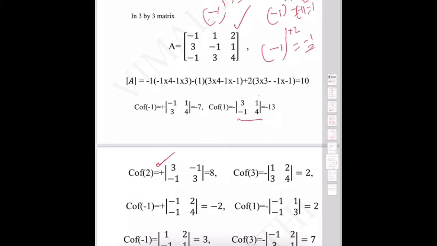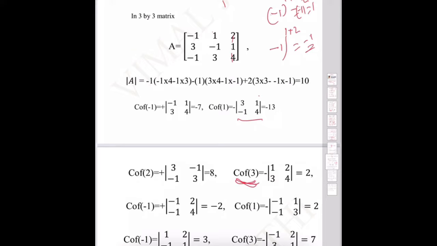Then delete this row and this column, then the determinant of this, that is 3 minus 1 minus 1 3, that is equal to 8. Similarly, cofactor of minus 3.